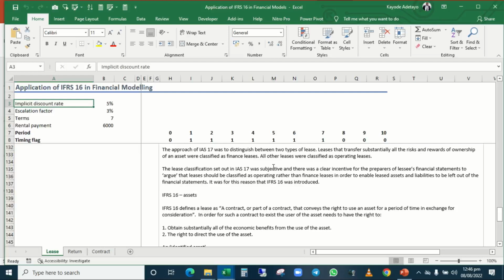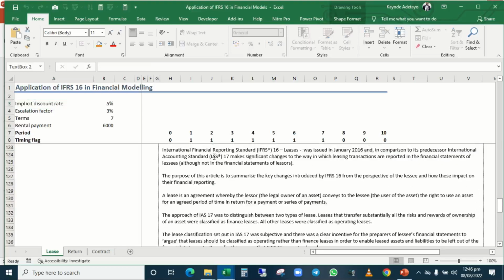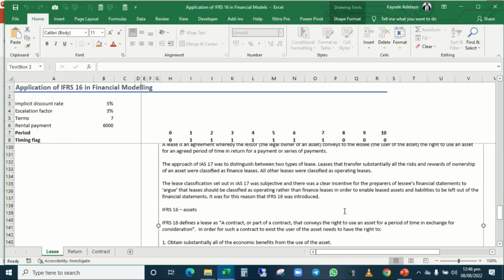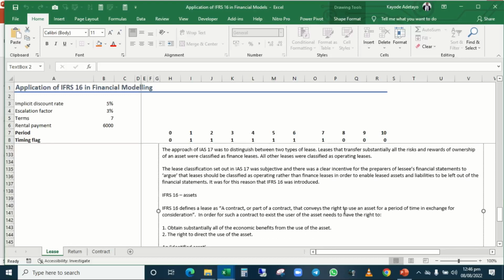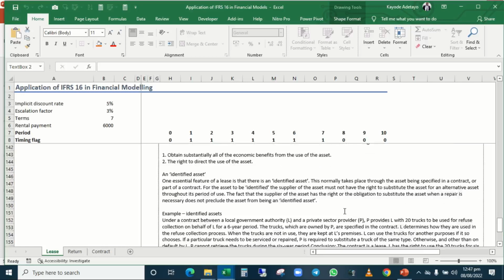But here we are not looking at whether ownership has transferred or not; we are looking at whether there is a contract giving a right to use, and payment made in consonance with those rights. A better understanding of how IFRS 16 will treat the asset in a lease from the angle of a lessee will give us, as analysts, a clear view of how to predict and forecast the numbers.